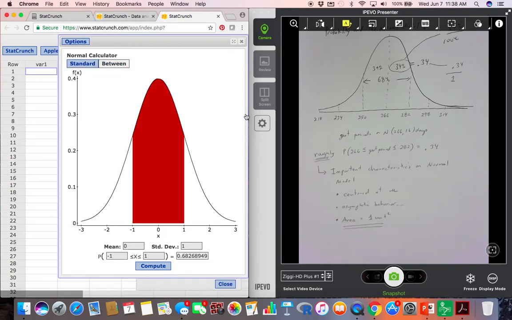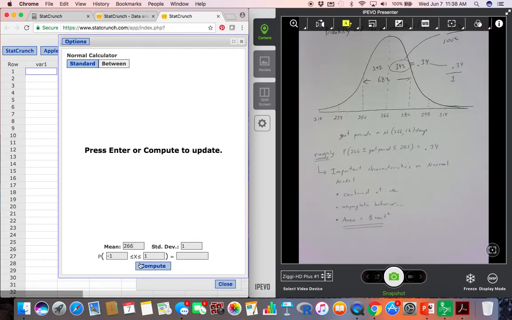Well, guys, clearly in this situation we need between. So I'm going to put in the information. The mean is 266. The standard deviation is 16. I want between 266 and 282. Compute.